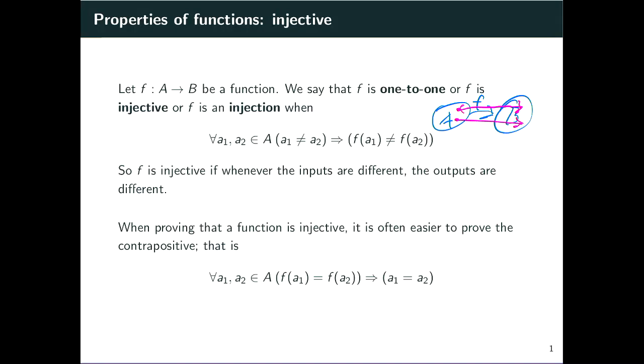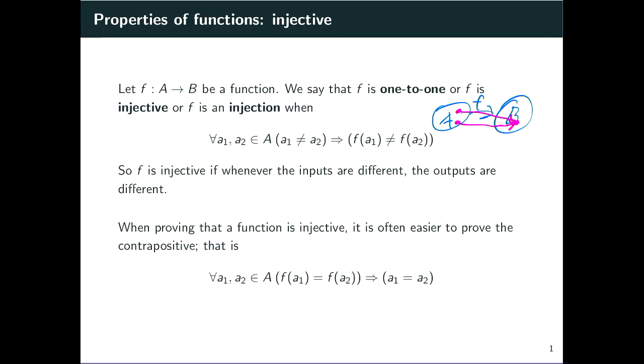And if it's not an injection, then we're going to have 2 elements mapping to the same place in B. So this definition is probably the good way to prove something is not an injection.